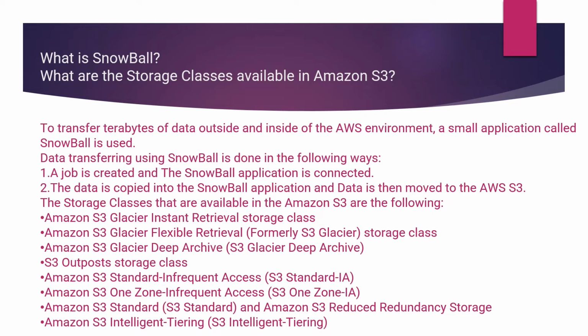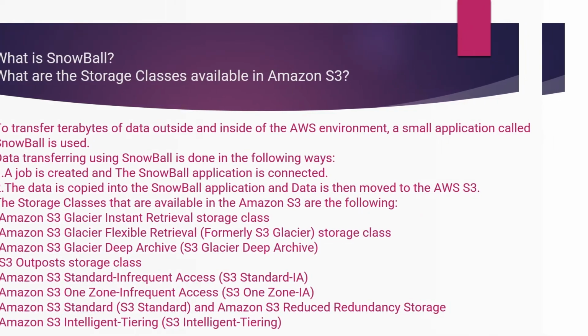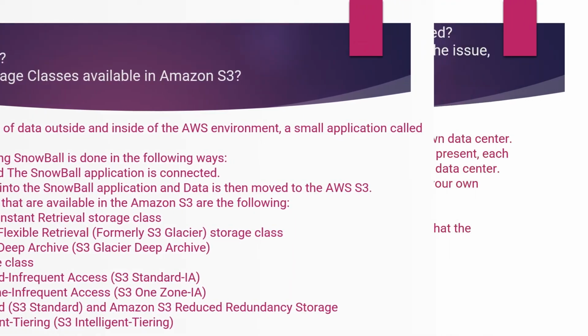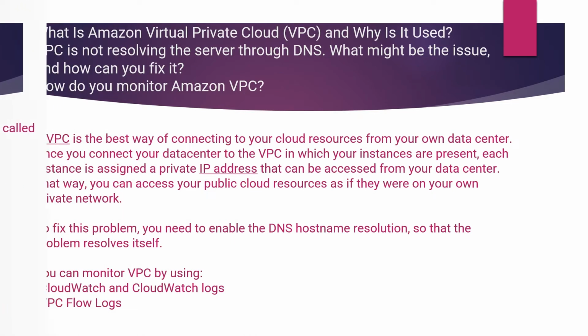35. What are the storage classes available in Amazon S3? The storage classes that are available in the Amazon S3 are the following. Amazon S3 Glacier Instant Retrieval Storage Class. Amazon S3 Glacier Flexible Retrieval, formerly S3 Glacier, Storage Class. Amazon S3 Glacier Deep Archive, S3 Outposts Storage Class.